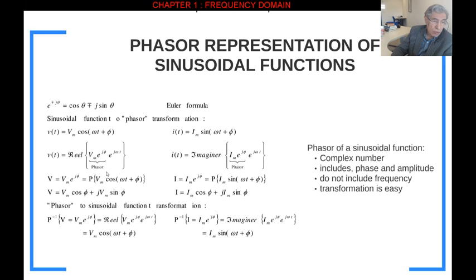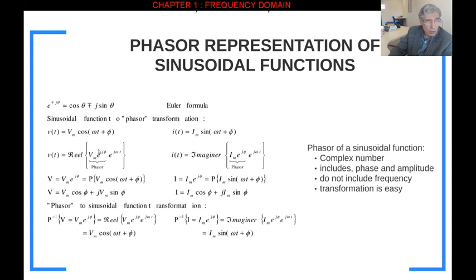This coefficient is called the phasor of this sinusoidal function. That means once you see the sinusoidal function, you can easily say that the phasor of this function is Vm times e to the power j of that angle. So we can easily figure that out. That's the phasor of this signal.